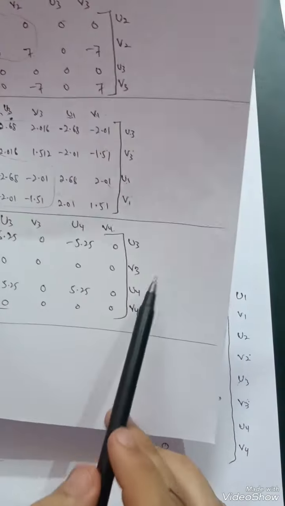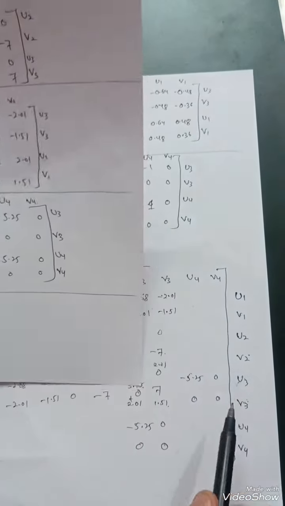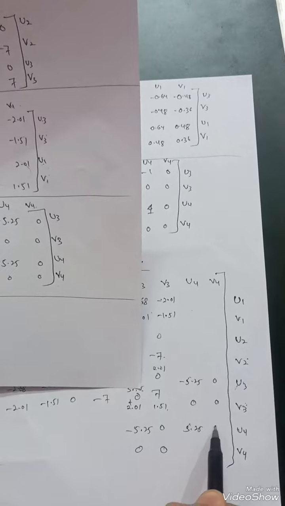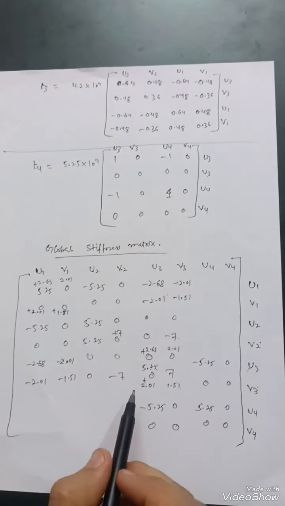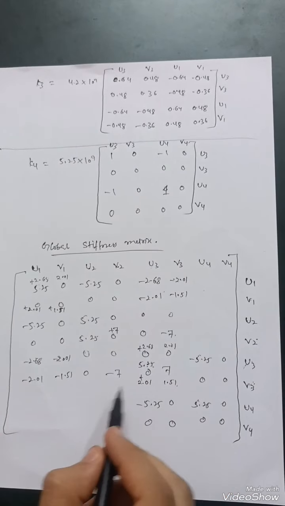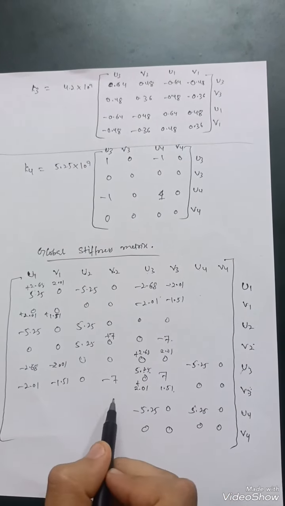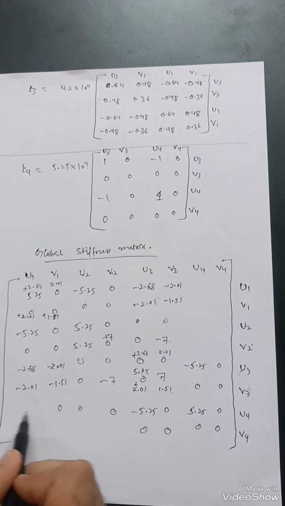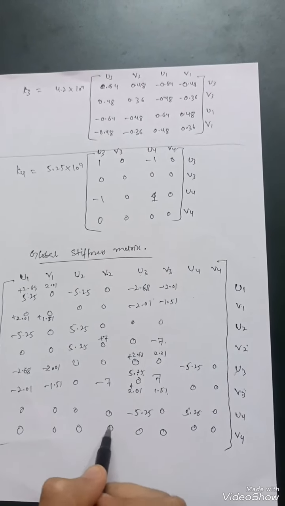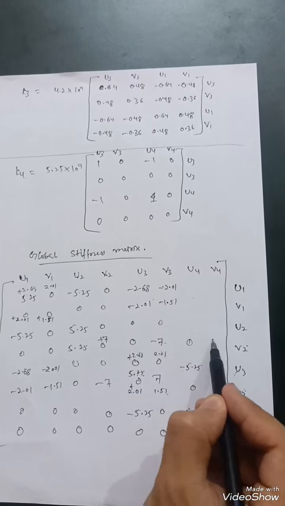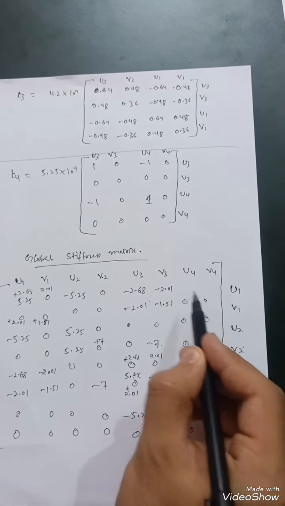Then u4 v4 u4 v4 is 5.25, 0 0 and 0. The rest of the numbers are written as 0 in the global stiffness matrix, so it will become 0 0 0 0 0 0 0 0, same as here.